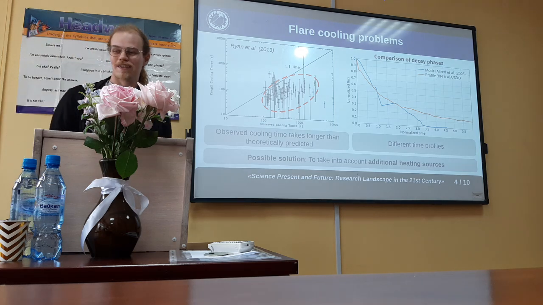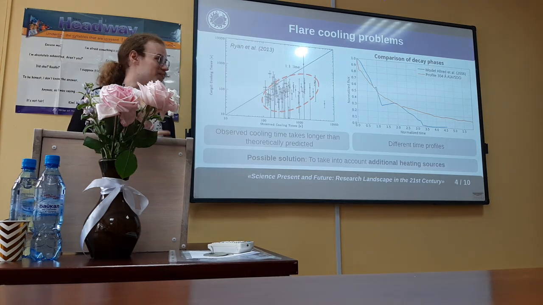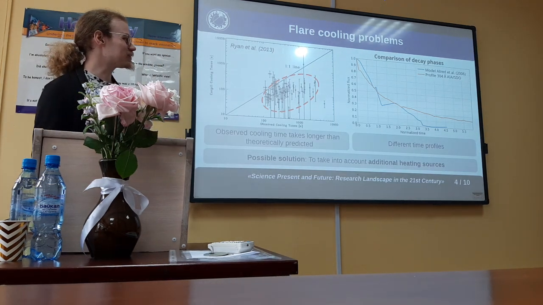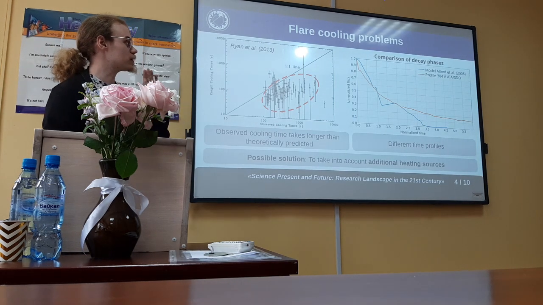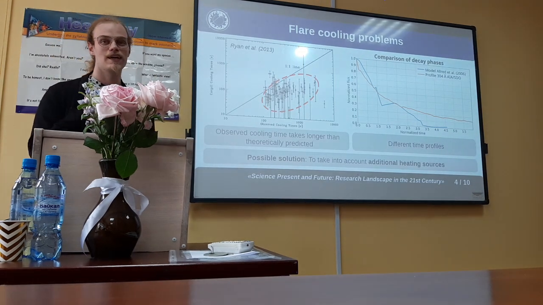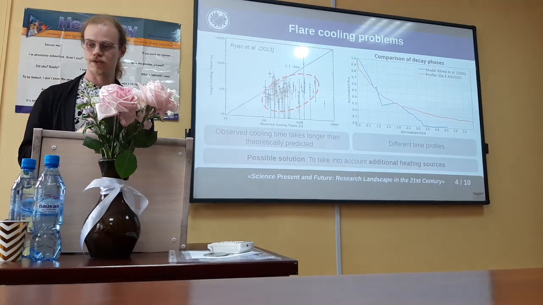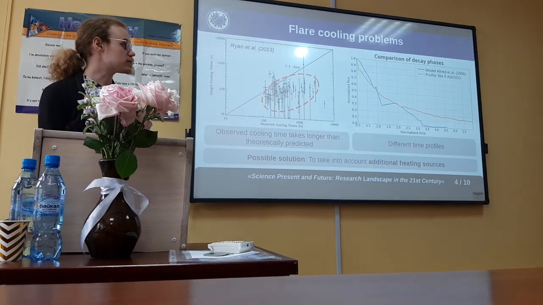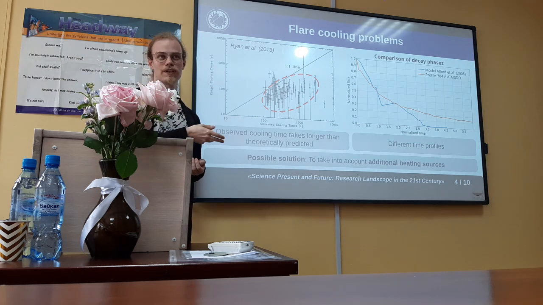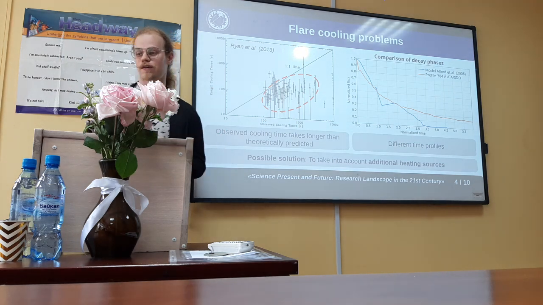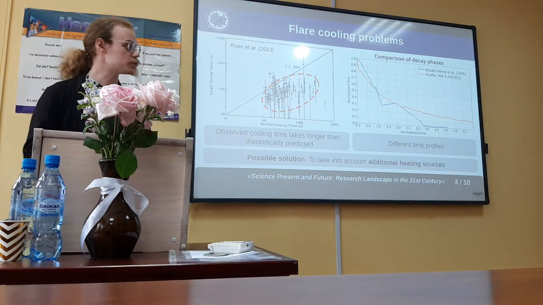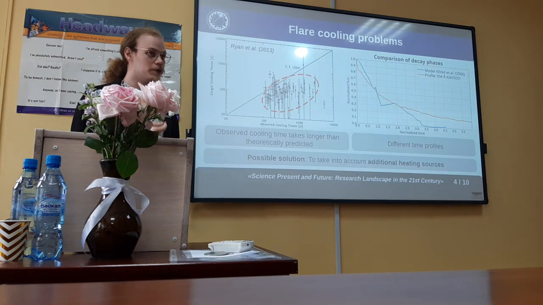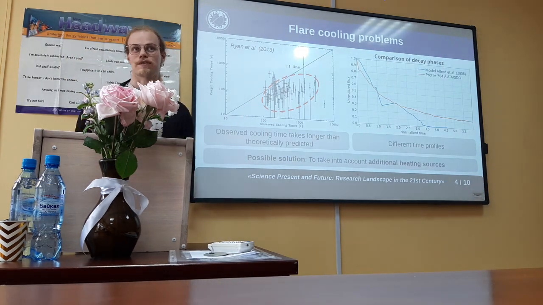But there are some problems, obviously. Flare cooling problems. The first one is, as shown in the research of Ryan et al., the observed cooling of the flare plasma takes a bit longer or much longer in comparison to the theoretically calculated ones.